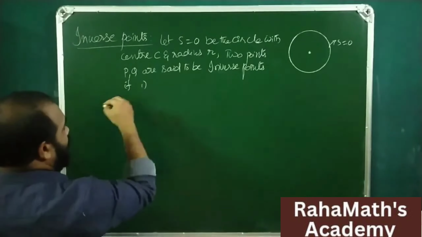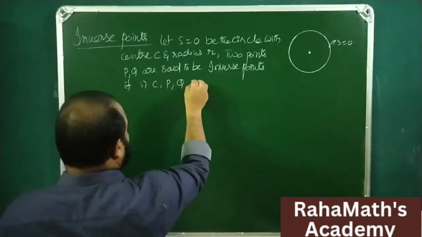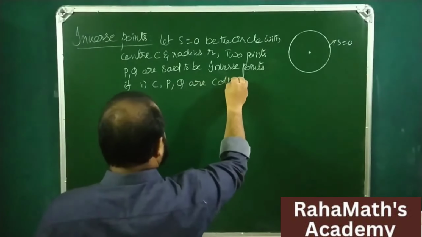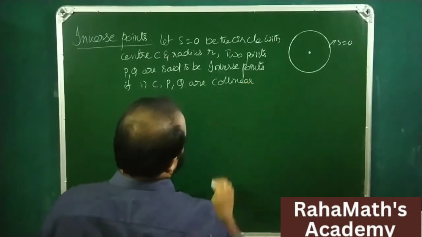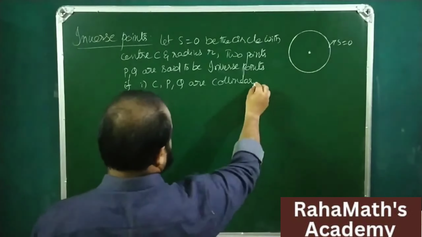What are they? First, C, P, Q are collinear. That means all these three points must lie on the same line.